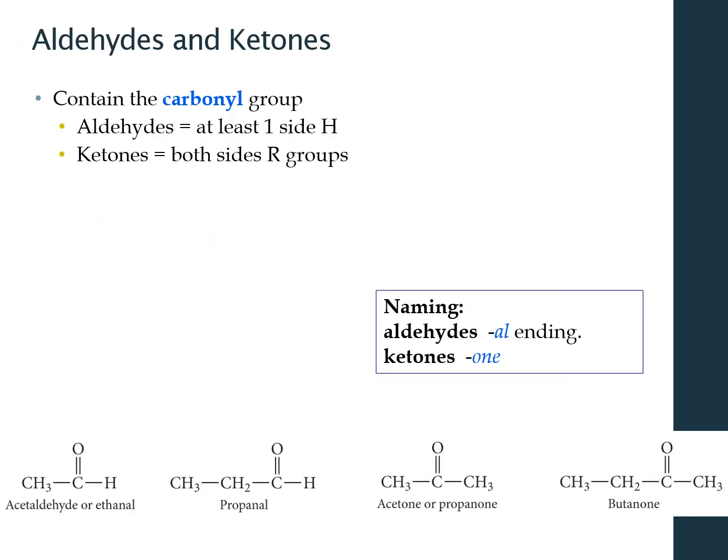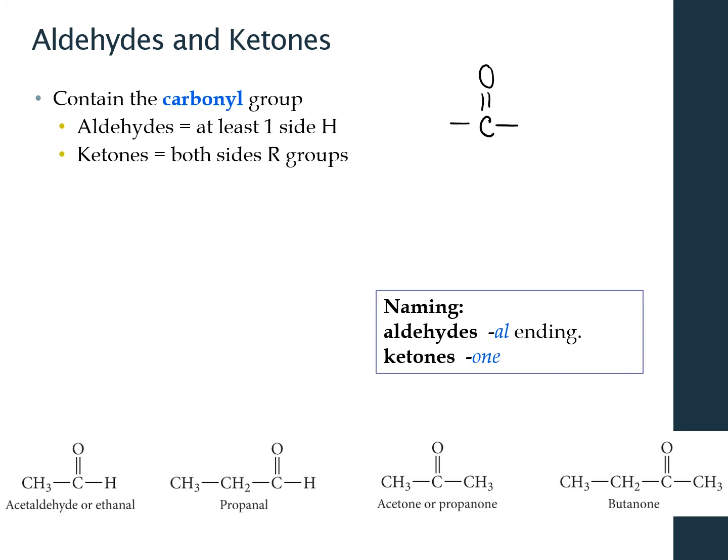Now I have two compounds, two functional groups here, aldehydes and ketones. So both of them, what they have in common is a carbonyl group. Now a carbonyl group is this, that right there.